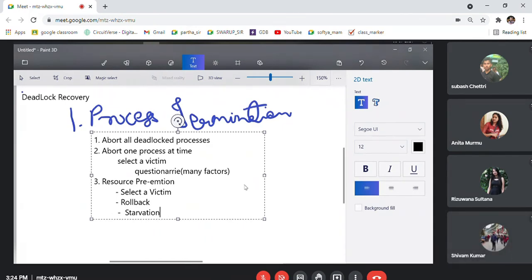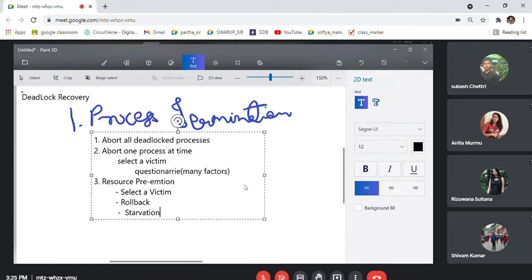Let us say every time you preempt process P1, your system does not enter deadlock, and every time you start P1, the system enters deadlock. In that way, process P1 will enter starvation. So while selecting a victim, make sure you don't select the same victim every time, because then that process will starve.